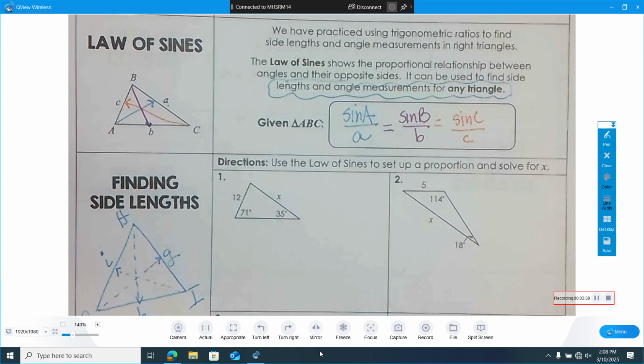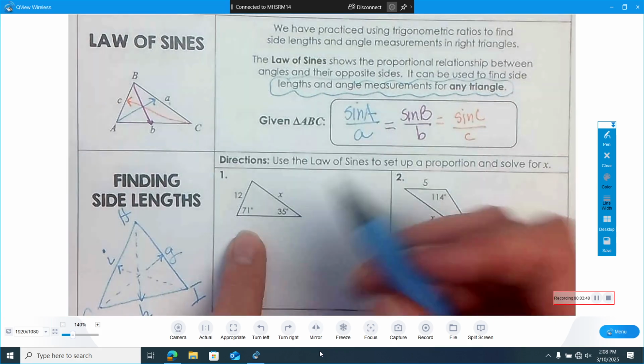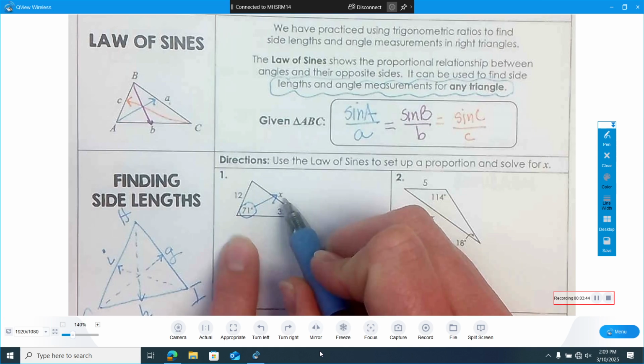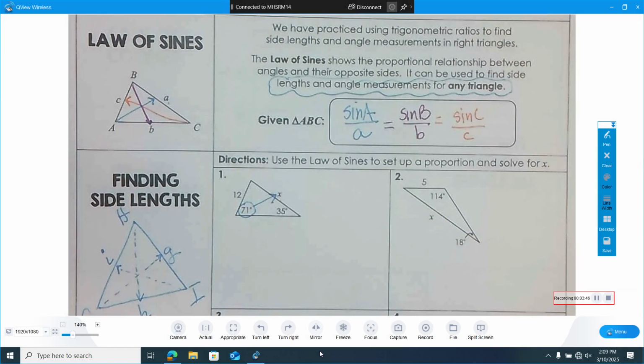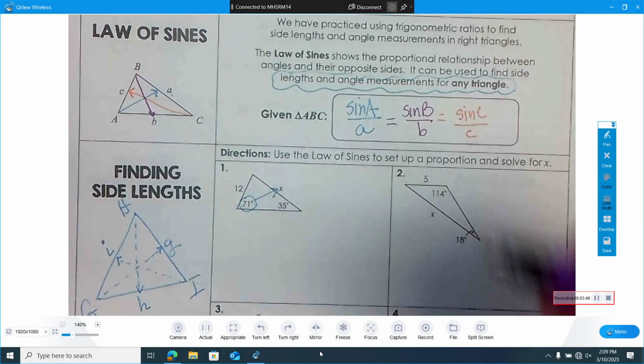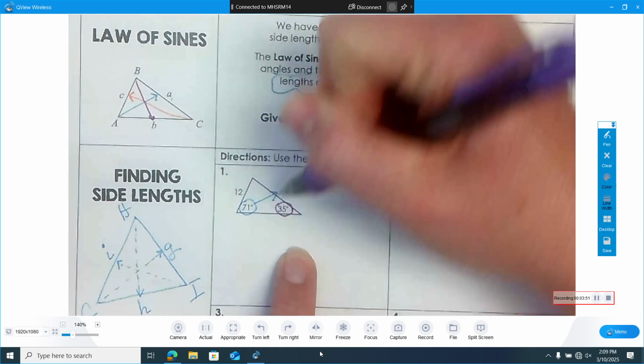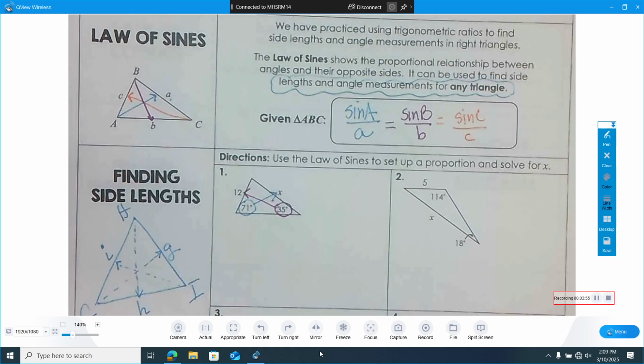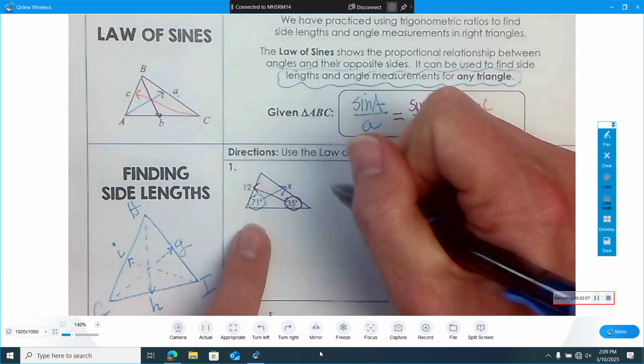So let's look at number one. Here, I have this angle 71, and its opposite side we're trying to figure out, which we've called x. I also have this 35-degree angle, and its opposite side 12, so I can use that information to set up a nice little proportion.